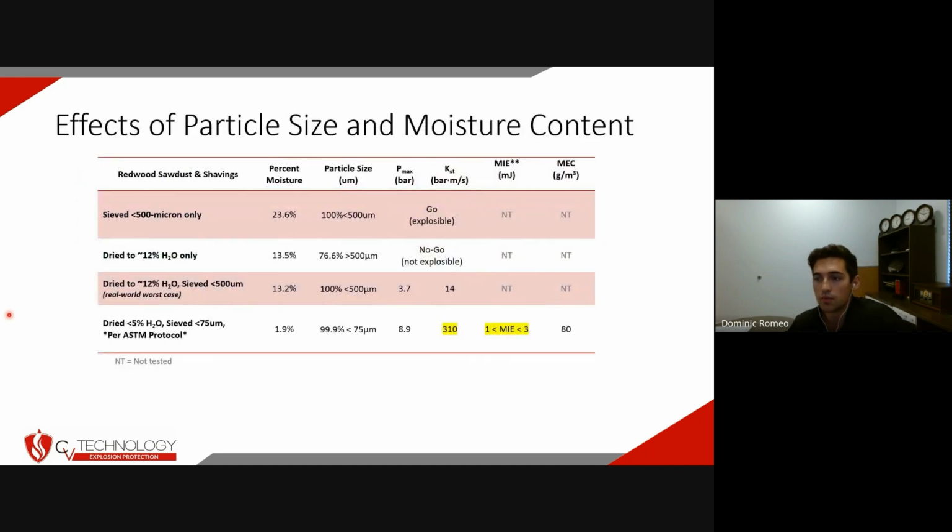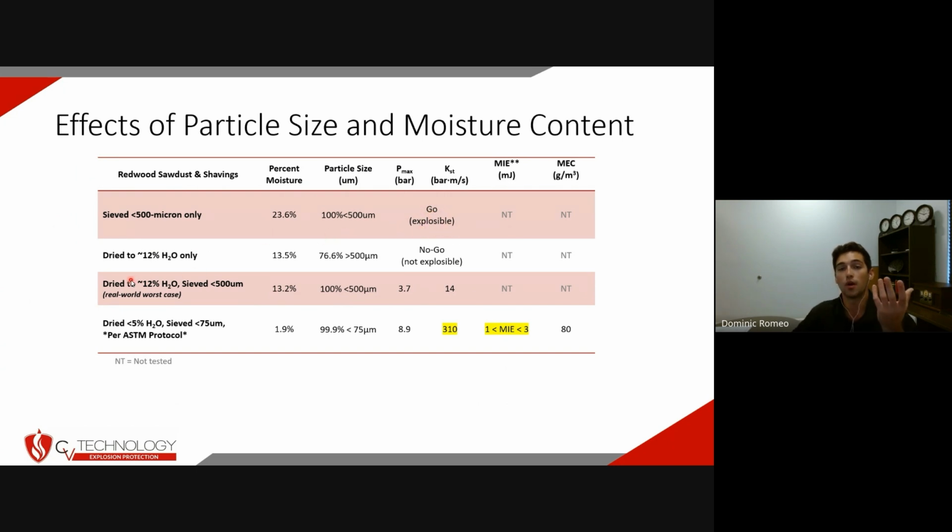And here's a good example of that. This is for redwood sawdust shavings, and this is a test we recently completed, so I thought it was a really good example to show you here. If we only sieve that material and use particle reduction, and we don't mess at all with the moisture content, it actually turned out to be an explosible concentration.